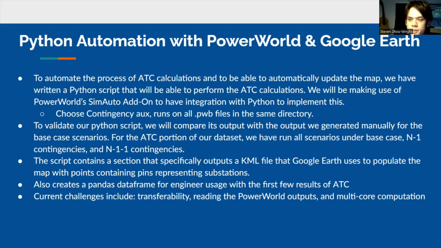So what we really want to do is make a Python script using the Simulator Auto add-on that will run through the ATC for every single major bus in the system and create the map pins. Then you can load it into a Google Earth file, or you can send it to the GIS guys to figure out how to make a prettier map. So that's what we did.